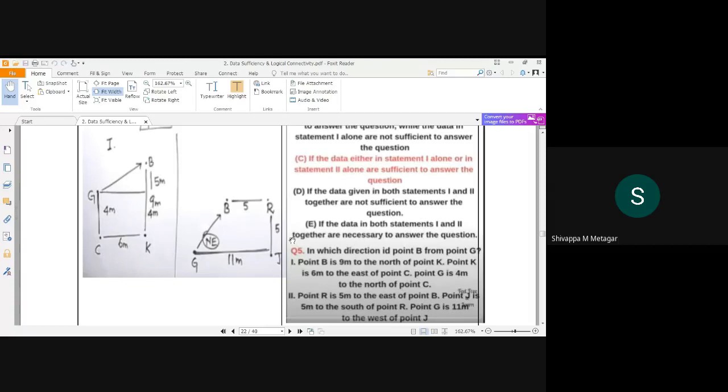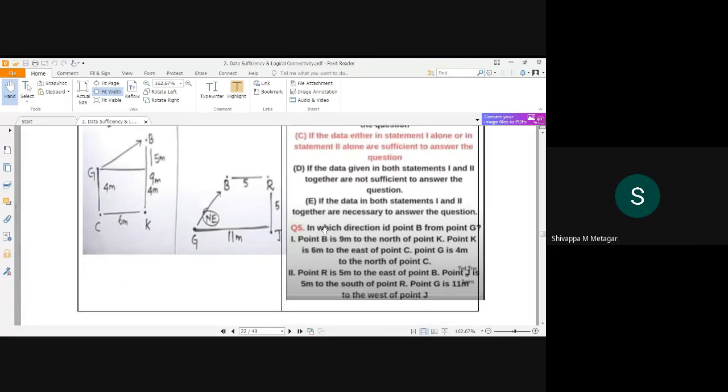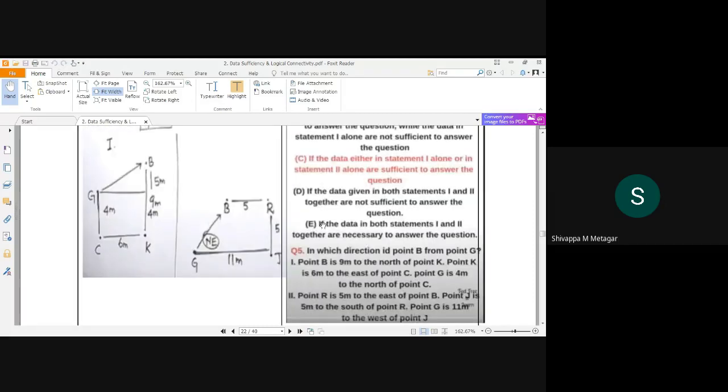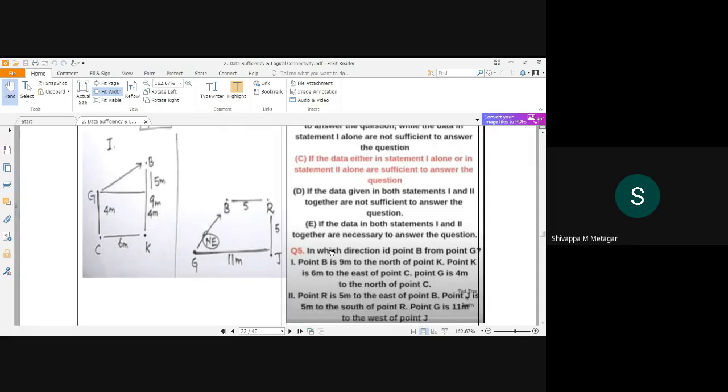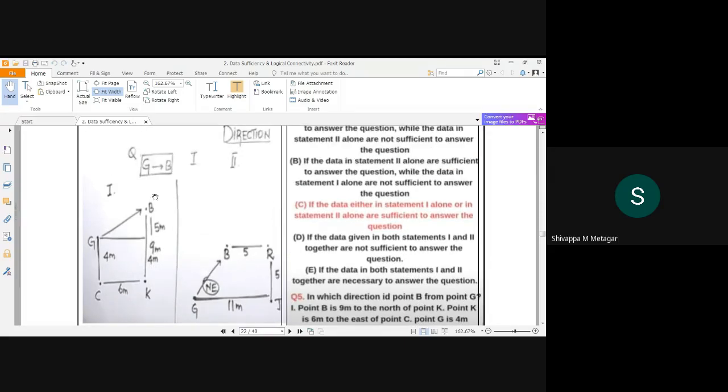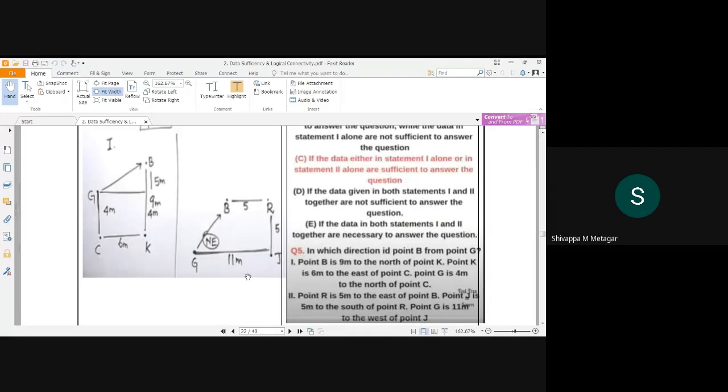Just you can see here in this one also they have given the same pattern problems. Go through it, and here also same pattern. Either statement 1 alone or statement 2 alone is sufficient to answer the given question. Means based on the first statement and second statement, we have to find out in which direction point B is from point G. Just we have to find out the direction from G to B. So based on the first statement we have to draw the diagram, and then based on the second statement also we have to draw.